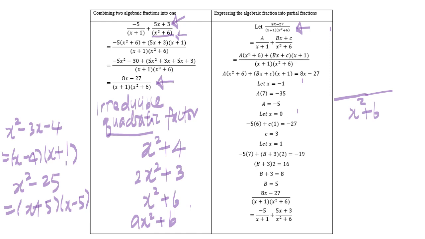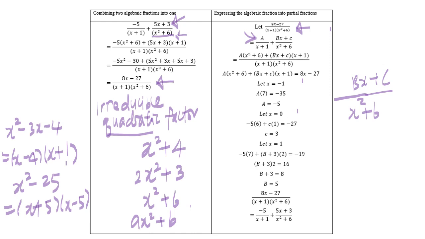Okay, so how do you form a factor that is 1 degree less than x squared plus 6? You will be in the form bx plus c. Why do I use the letter b? Because the first partial fraction already used up the letter a, so subsequently, I can't be using a again because I already used it up.